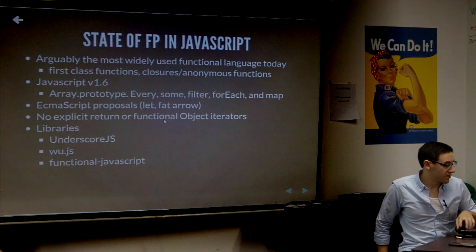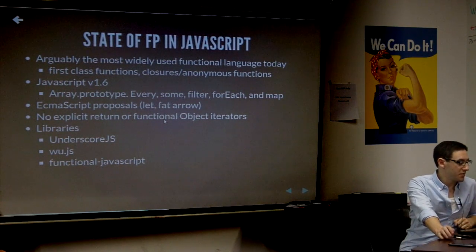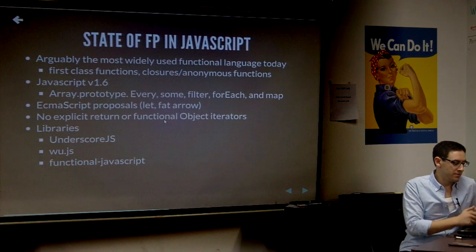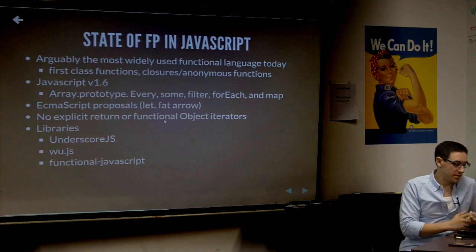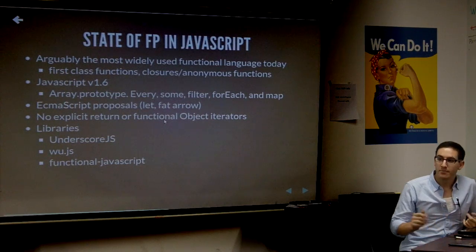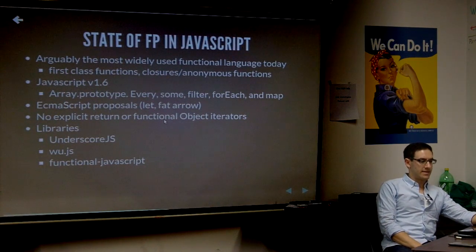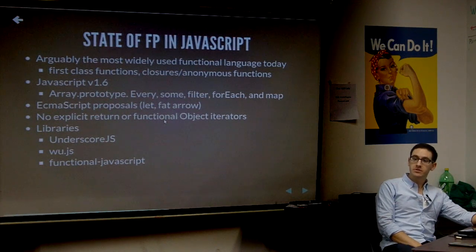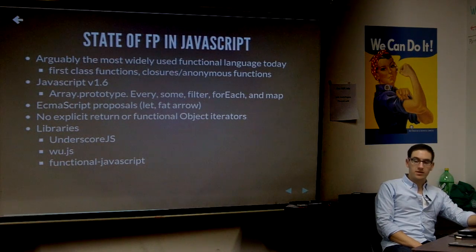In the current version, 1.6, they added array prototype iterators that you use in functional programming, like every, some, filter, forEach, map, those sorts of things. And in the ECMAScript proposal for the next version, there are even more functional constructs that will make things easier for us, but that's a little bit farther down the pipe.